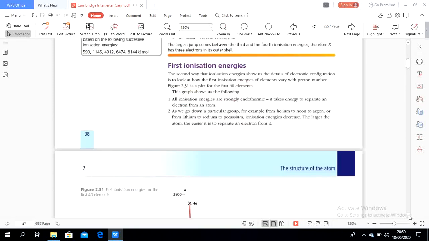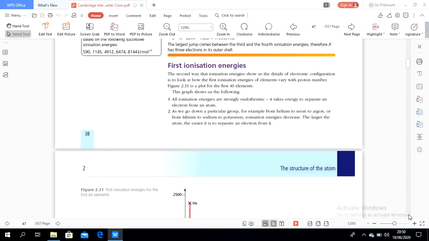Next, this one, first ionization energy. Ionization energy is always endothermic. As we go down the group, the ionization energy decreases. The larger the atom, the easier it is to separate an electron from it. Why?